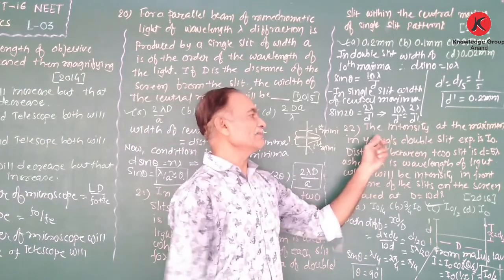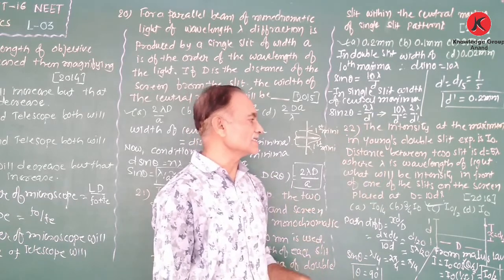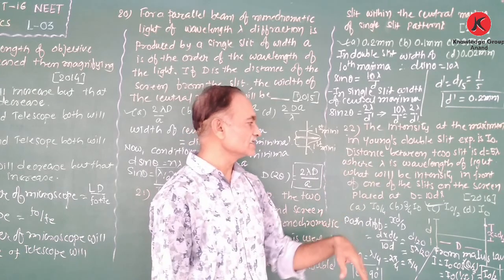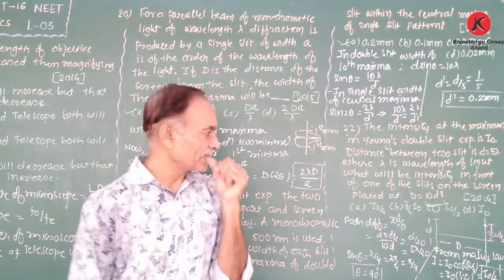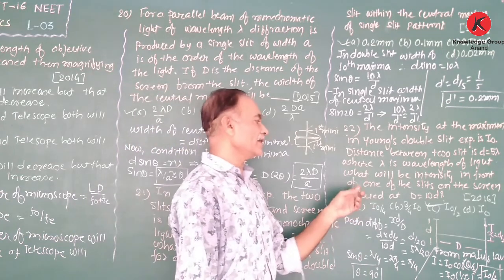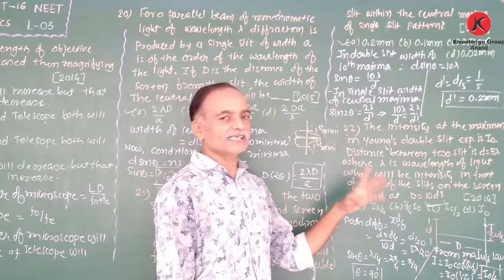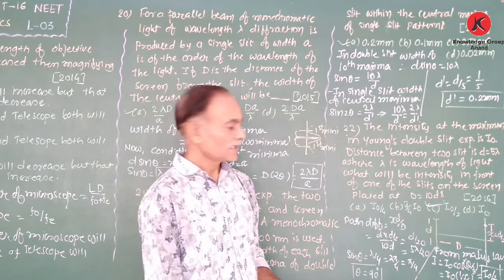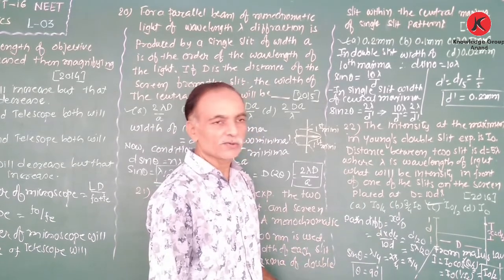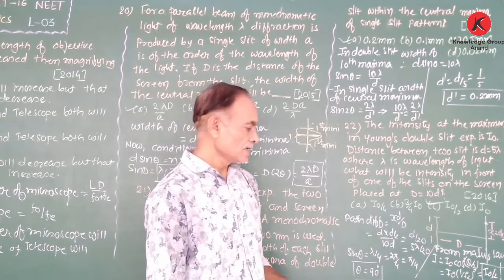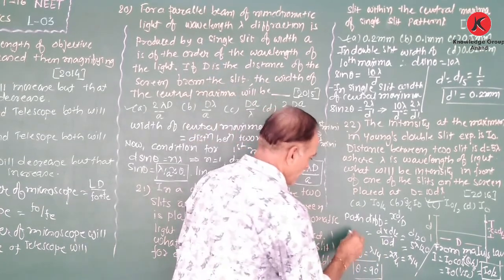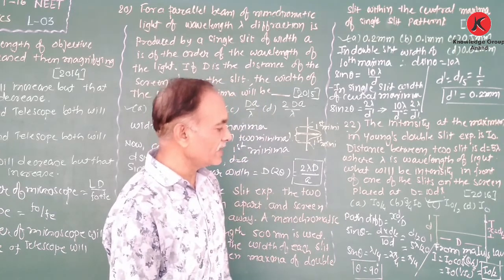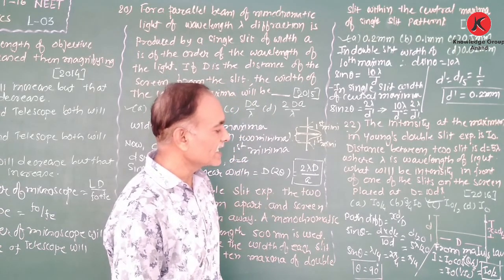Again, the intensity at the maximum in Young's double slit experiment is I0. Now, the distance between the two slits is of the order of pi lambda, small d, where lambda is the wavelength of the light. Now, what will be the intensity in front of one of the slits on the screen placed at D is equal to 10d distance? For that purpose, the path difference is equal to xd upon capital D. Therefore, the path difference is equal to d into d by 2 upon 10d. d and d cancel.